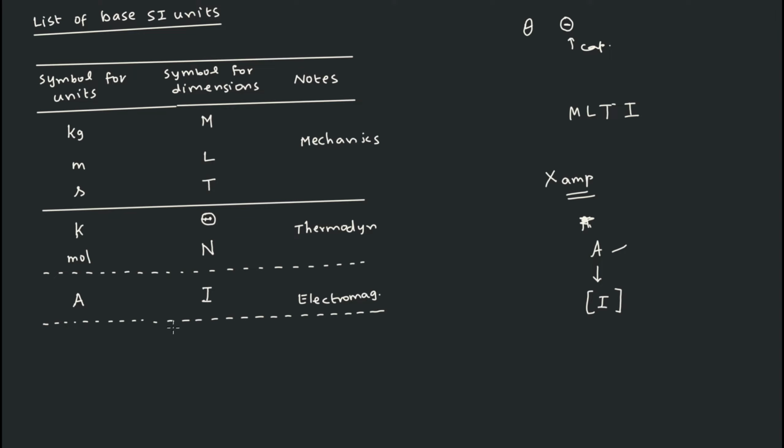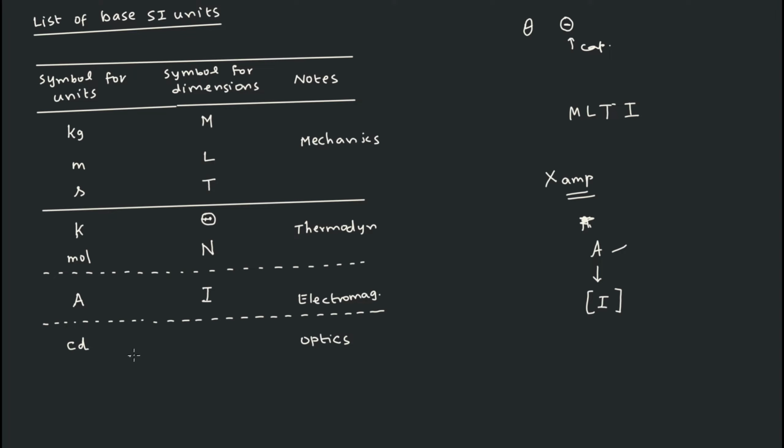However, for the sake of completeness, if you want to study optics, for example, you require one more unit in order to measure the light intensity. You have to talk about how much sunlight you are receiving on the earth, for example. For such studies, you need a unit known as the candela.